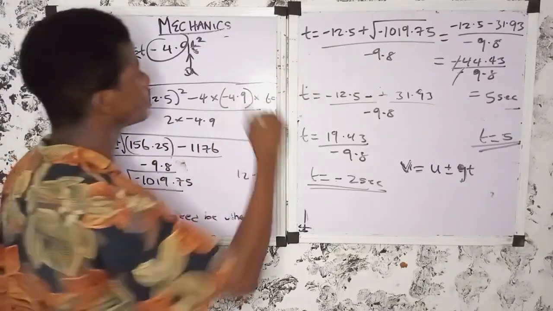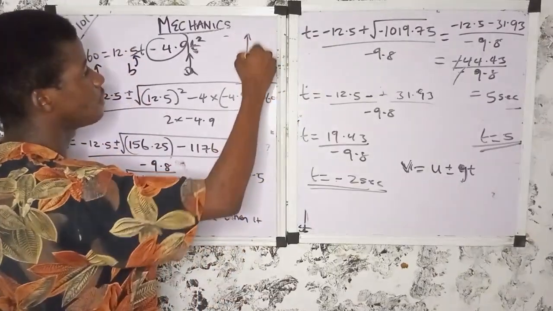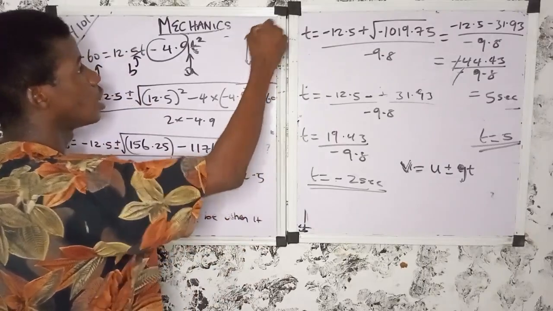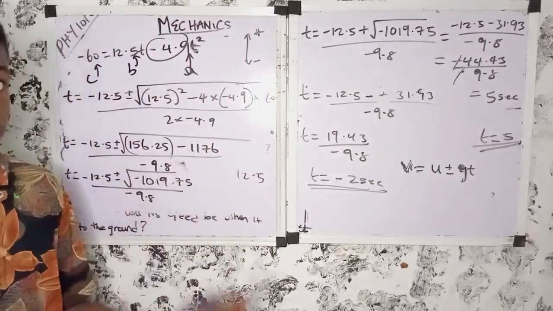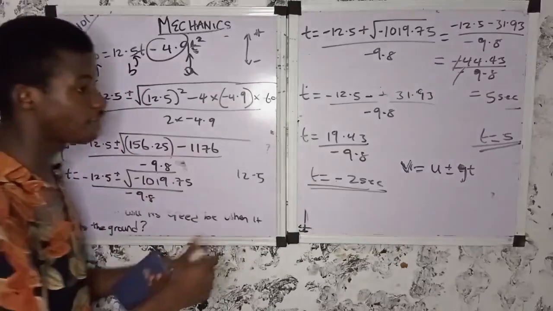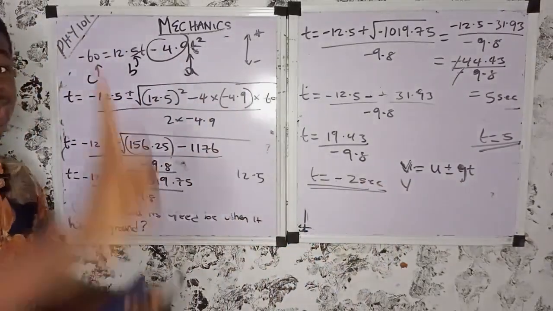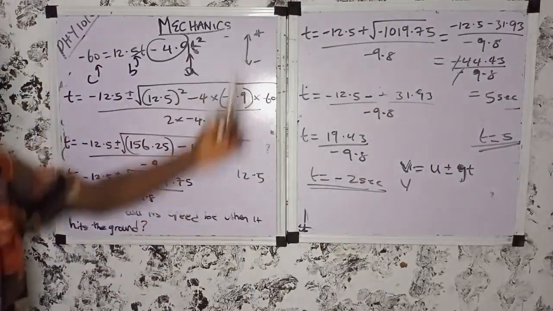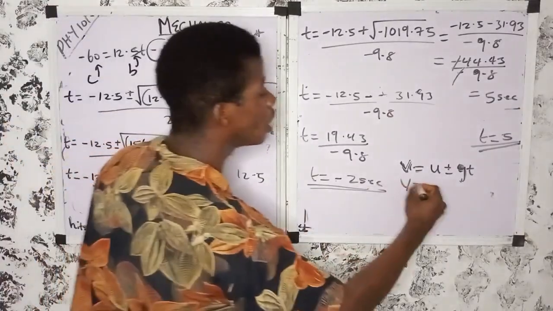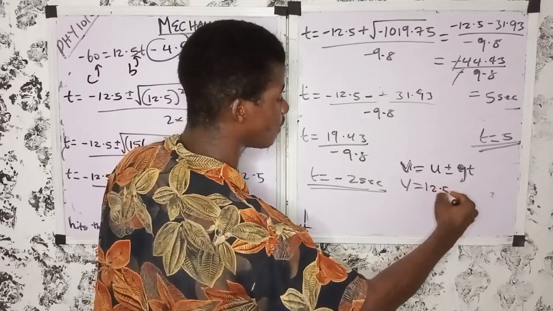Since we are using the first coordinate, going upward is usually positive. The helicopter was ascending with a velocity of 12.5, and since it's going up, the velocity is positive. So u is 12.5.